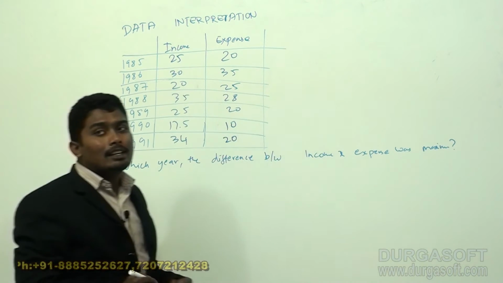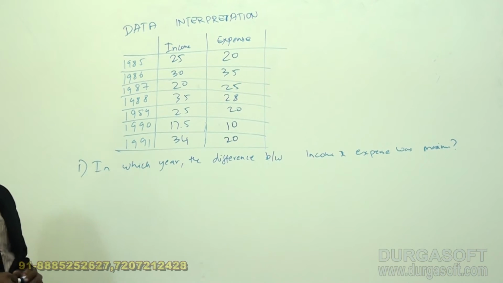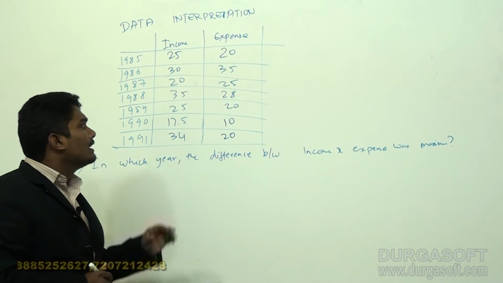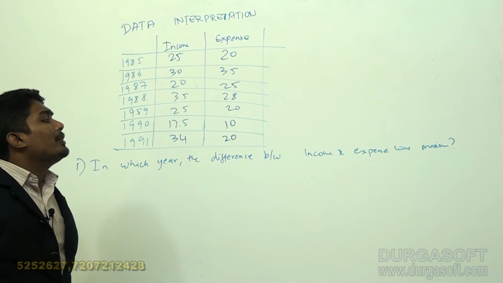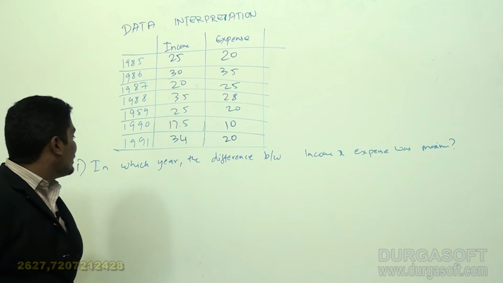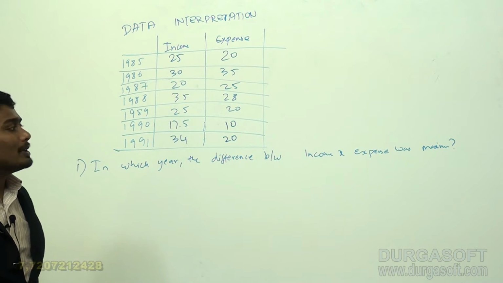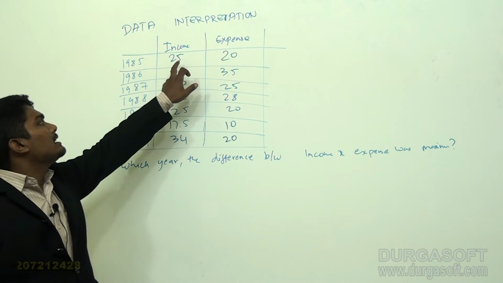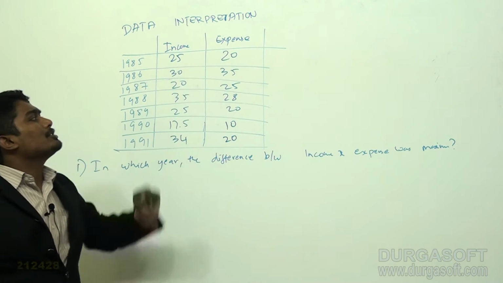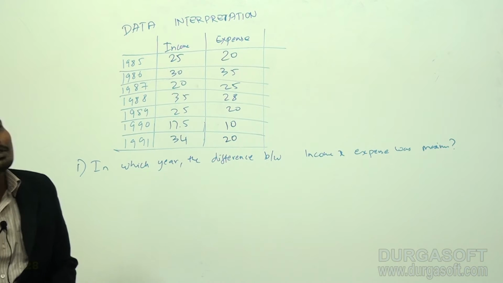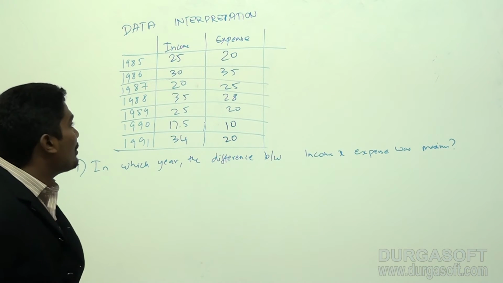They didn't say expenditure minus income or income minus expenditure. They said in which year the difference between income and expenses is maximum, which means in some cases income may be more, in some cases expense may be more. It doesn't matter. We just have to see the difference. The difference should be maximum.